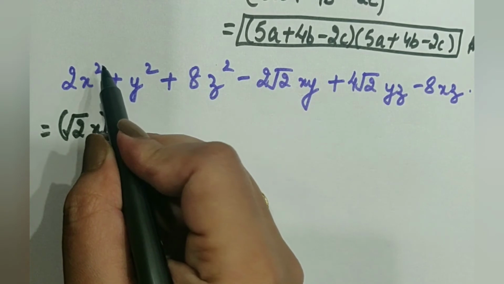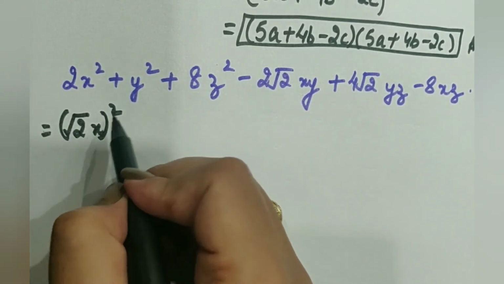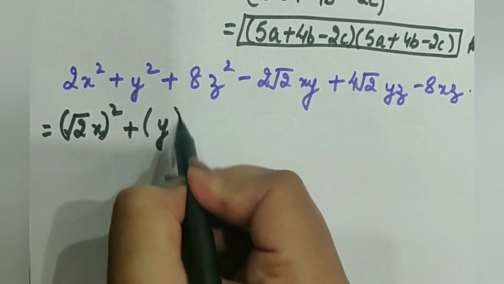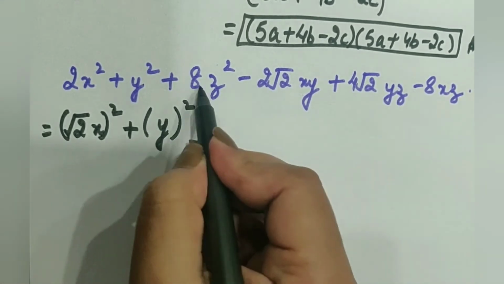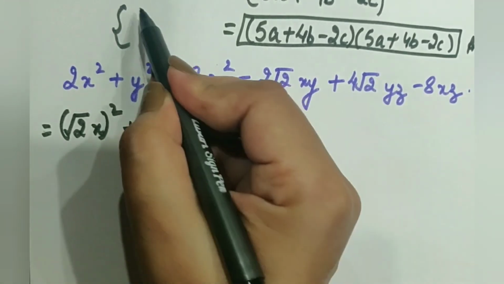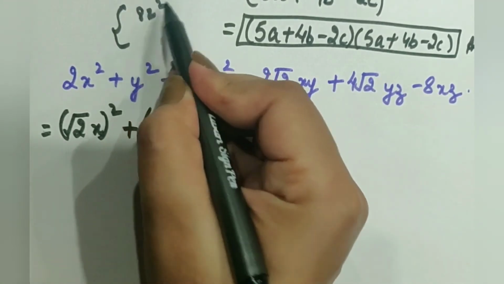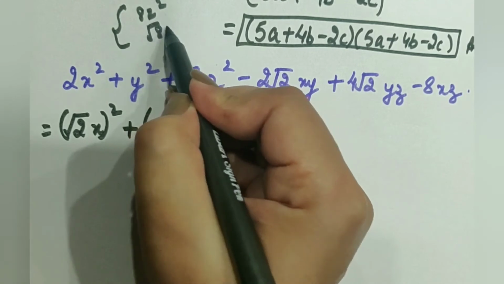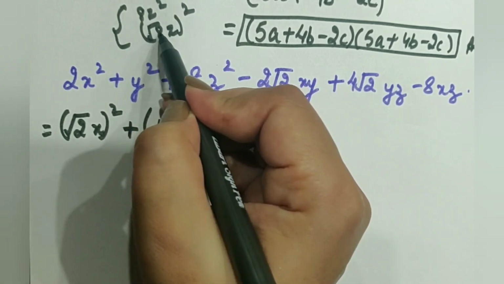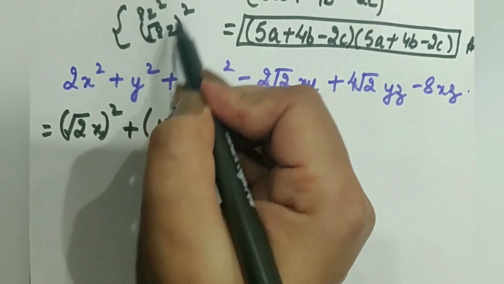So 2x square can be written as (root 2 x) whole square, plus y square can be written as y whole square, plus 8z square. We can write it as (root 8 z) whole square, because root 8 into root 8 is 8. z square as it is.